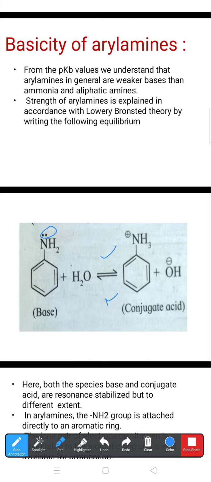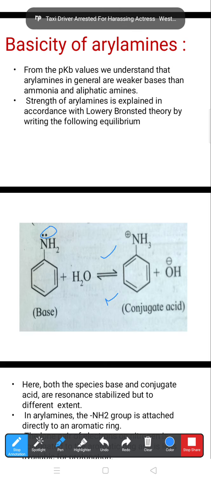I said that whenever any species is involved in donation or acceptance of a proton, what remains from that base is called the conjugate acid. That's why the conjugate acid is obtained from this base.